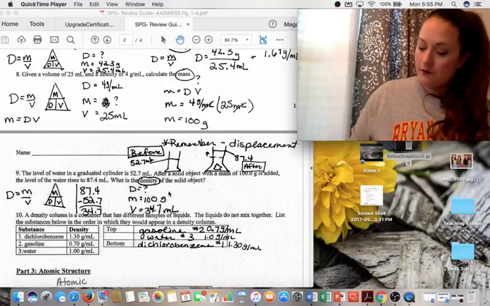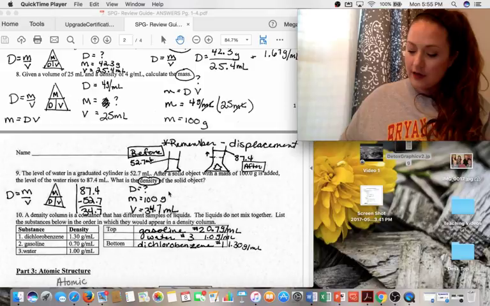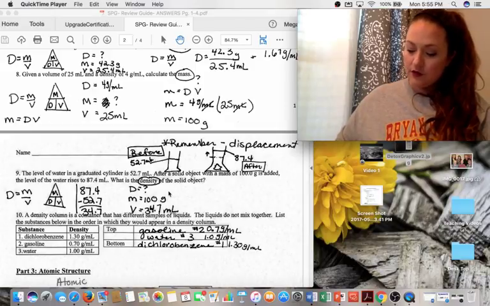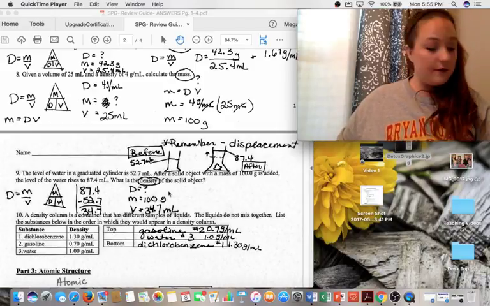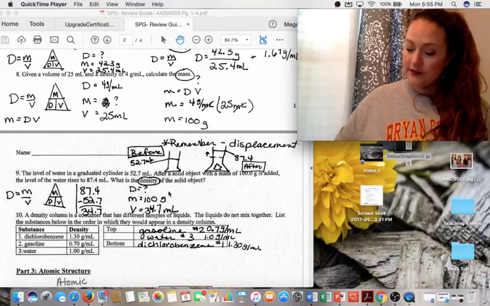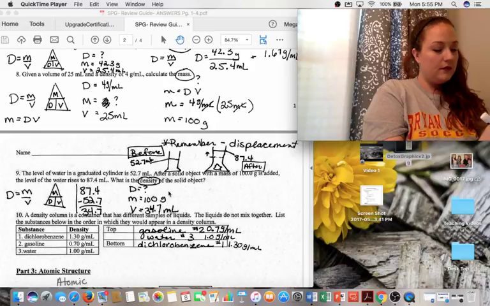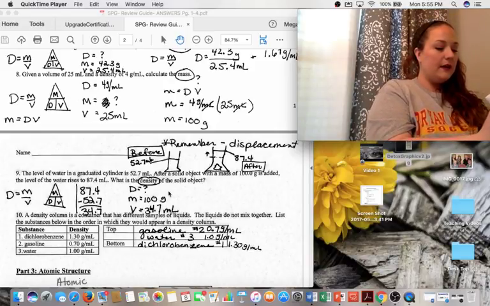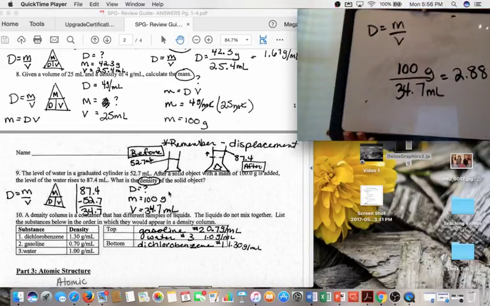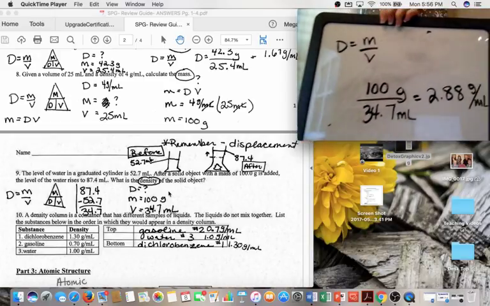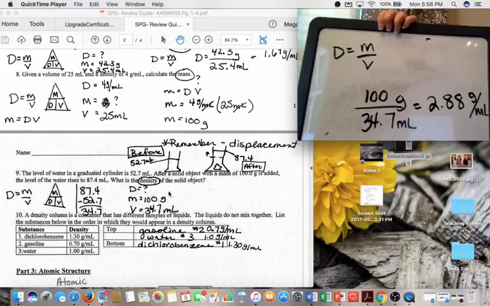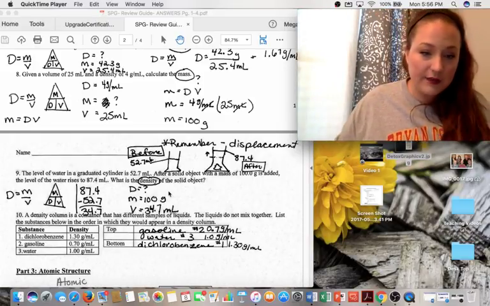When you put that in your calculator and you take 100 divided by 34.7, you get 2.88 grams divided by milliliter. So hopefully you got that answer.